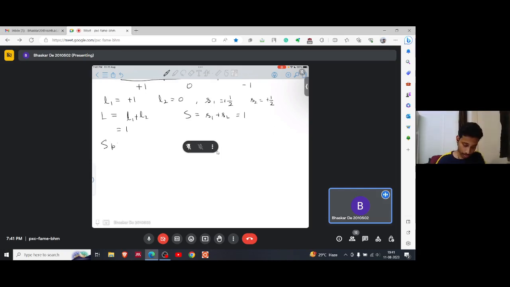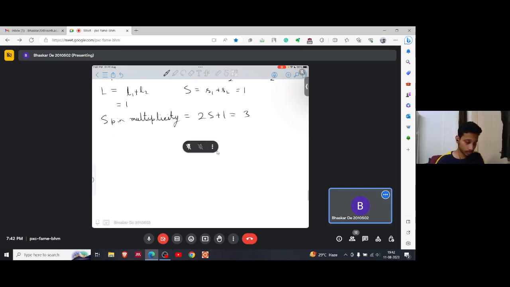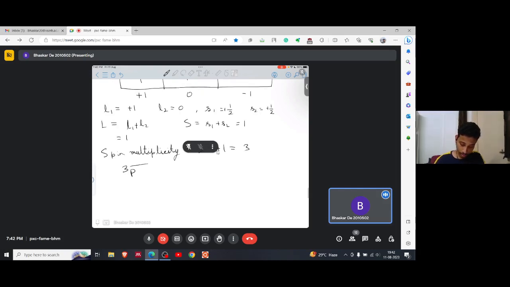Now the spin multiplicity equals 2S plus 1, that is 3. So the term symbol will be 3P. So this 3 comes from here, and this P is basically this.